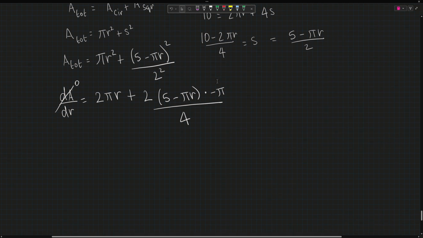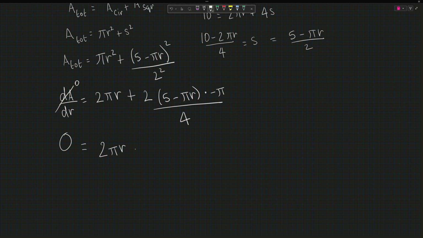Now, once I do this, 0 equals 2 pi r plus 10 minus 2 pi r times negative pi. So I'm going to simplify this just to make this a little more clear. 2 pi r plus, I'm just going to remove this 2 from here and make this 5 minus pi r over 2 times negative pi.